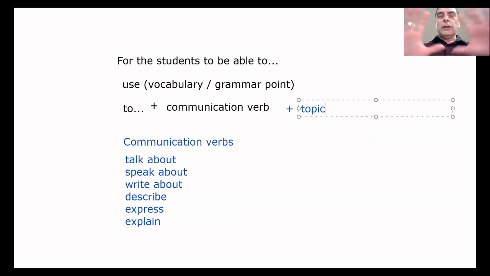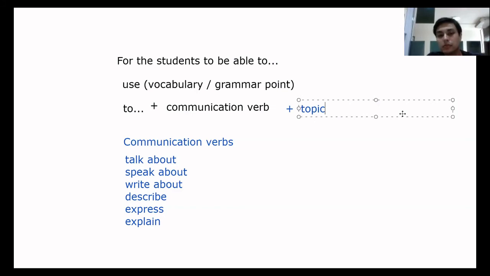Okay, so an example of all this put together could be something like for the students to be able to use the present simple tense to describe their daily routine and to ask others about their daily routine. Okay, so something like that. Use whatever the language point is, combined with a communication verb and then the topic in as much detail as possible.